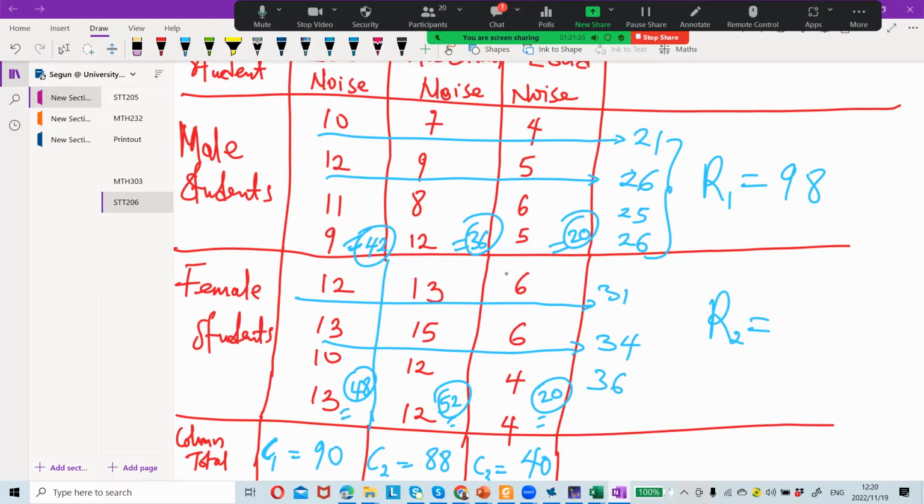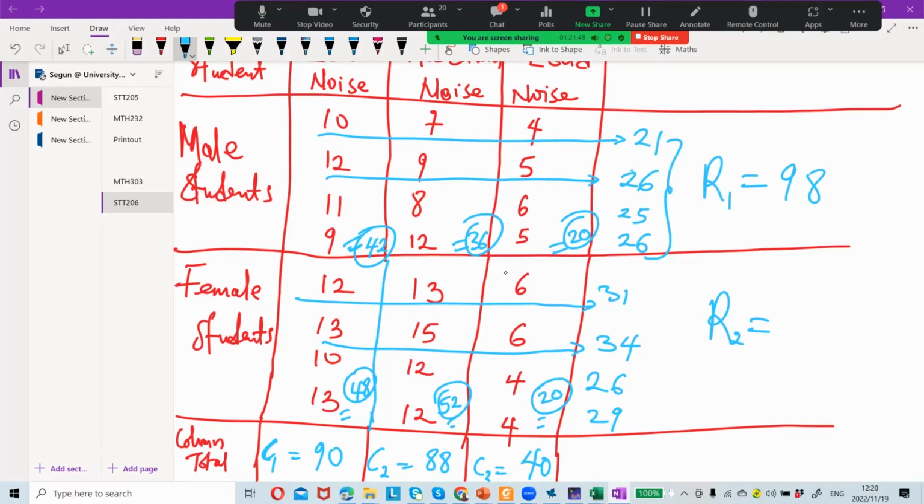When you add it together, what do you have? No, it's not 36, it's 26. That one is 26. So add it together. 120.